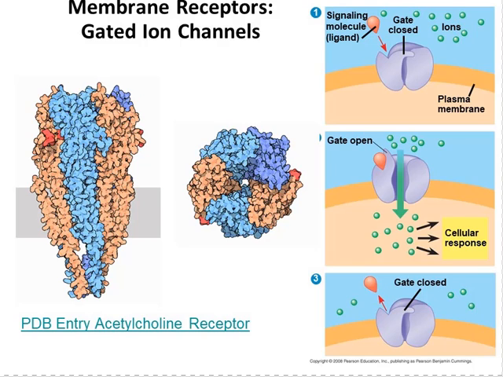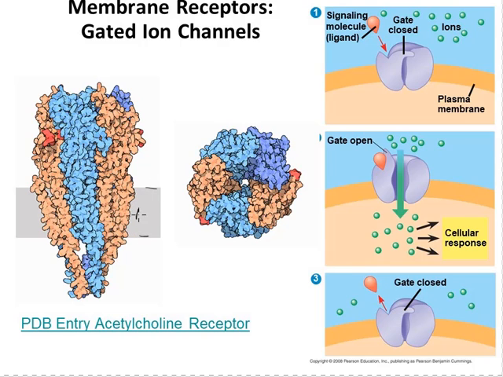We'll now look at three specific classes of cell surface receptor that act in this way, beginning with gated ion channels. As the name suggests, these receptors are channels in the membrane that control the passage of specific charged ions.